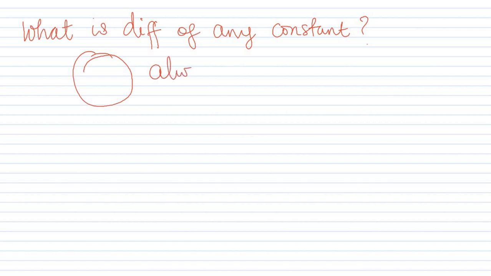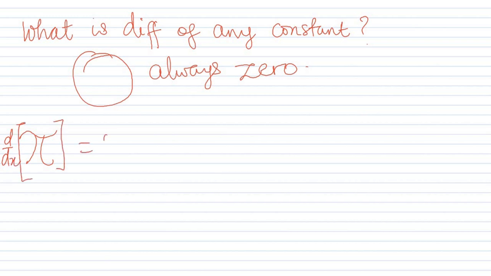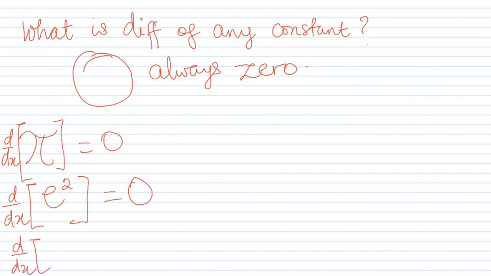Always 0. So if they ask you what's the differentiation of pi, that's going to give you 0. What is the differentiation of e to the 2? That's going to give you 0. What's the differentiation of a billion? That's going to give you 0.